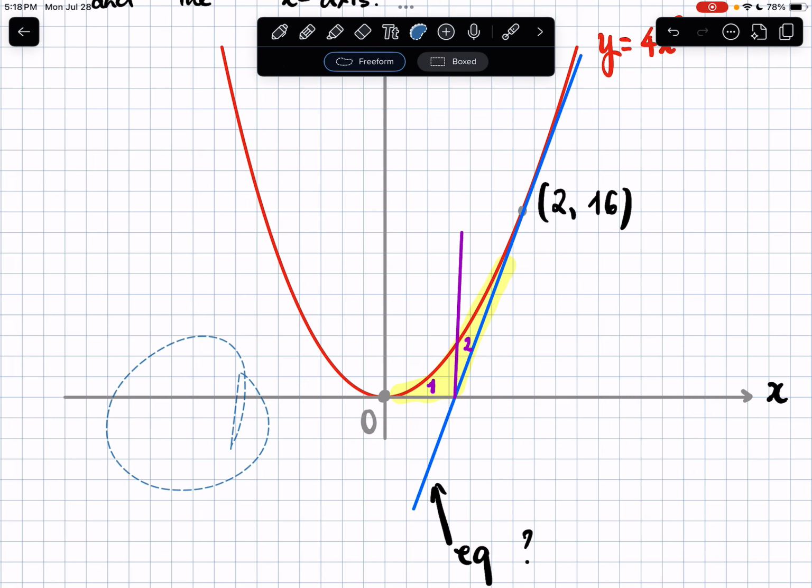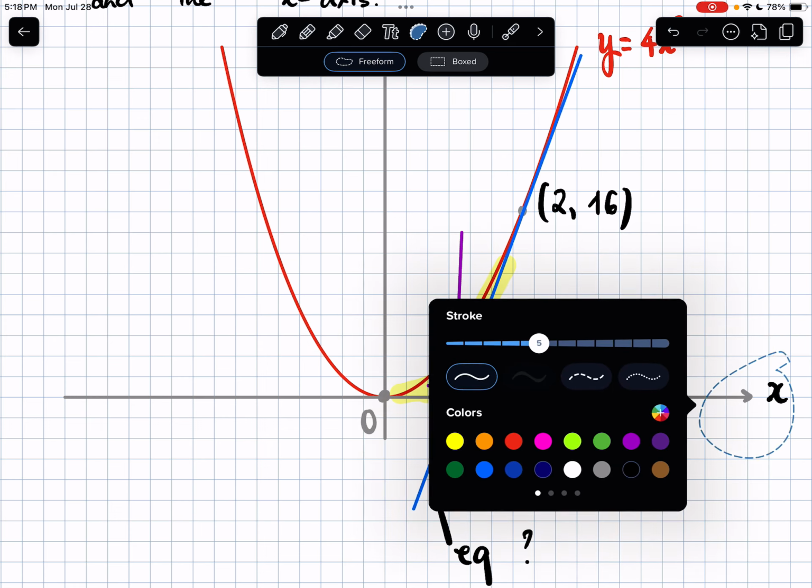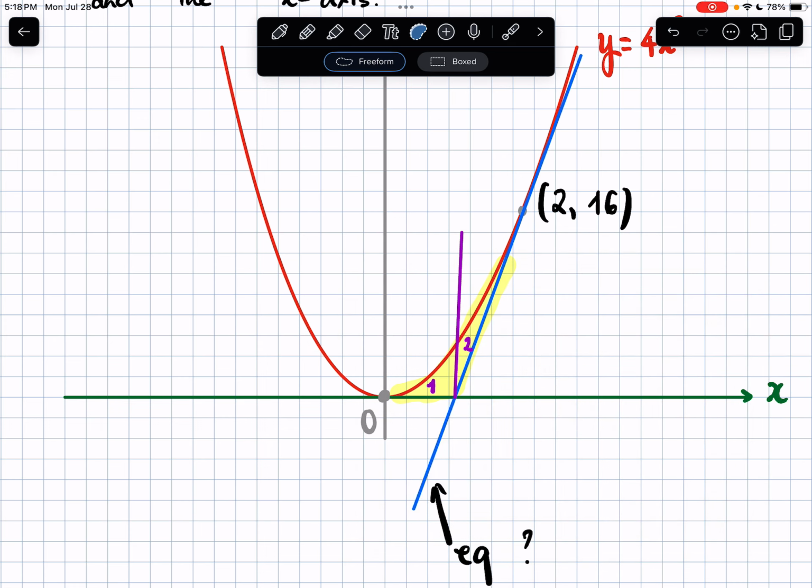The area of region 1, let's use the green color, is the integral from 0 to something. Let's call this point (x1, 0). The y value is 0 because this point is on the x-axis. So the area will be the integral from 0 to x1 of red minus green dx.